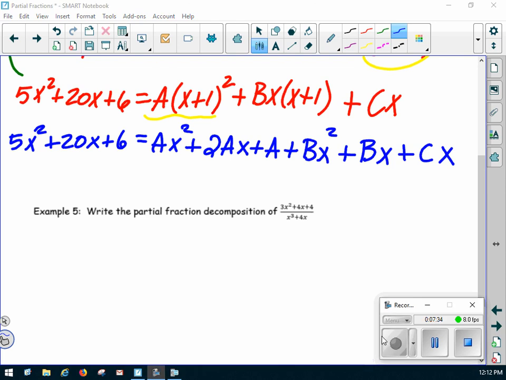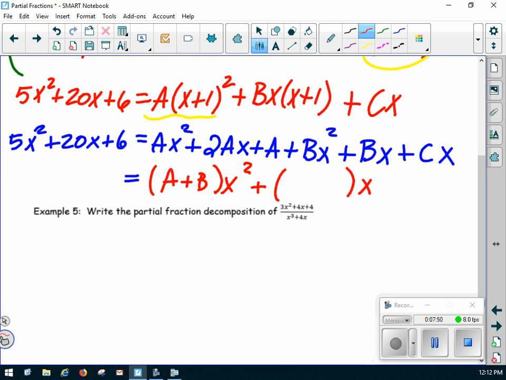Combine like terms on the right. A plus b. So I've got this gone, and I've got this gone.